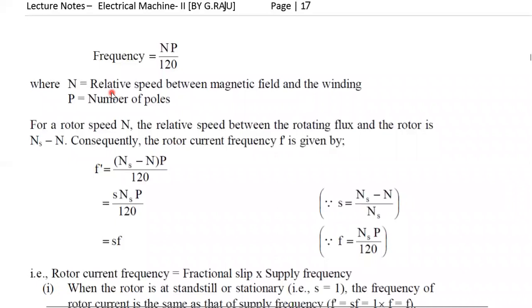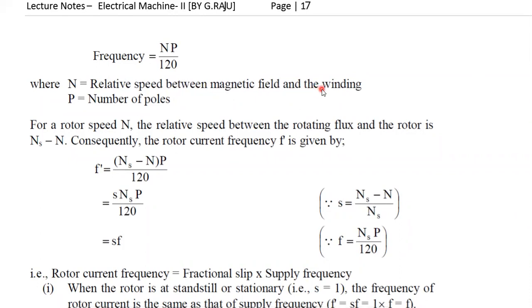N is called the relative speed between the magnetic field and winding.